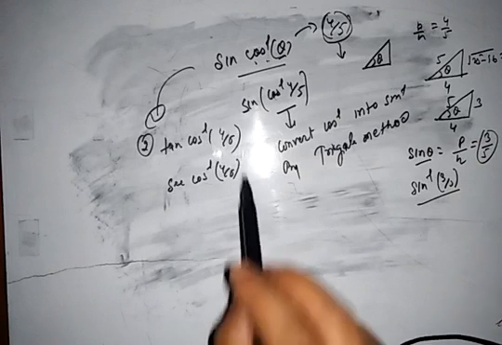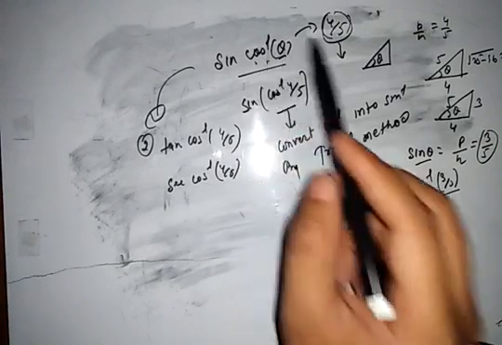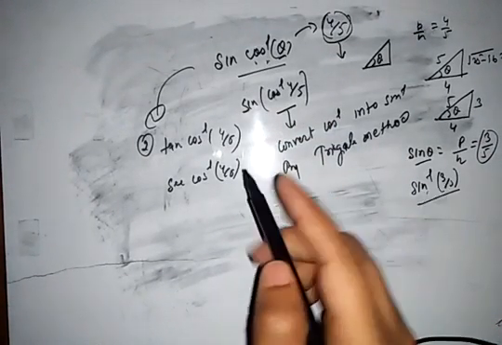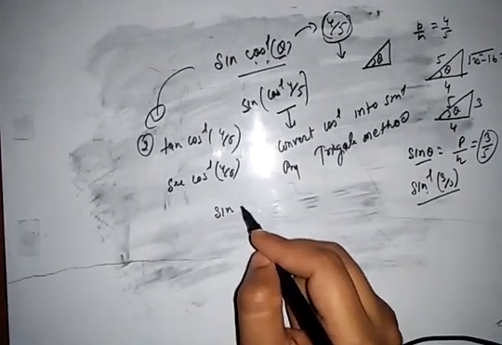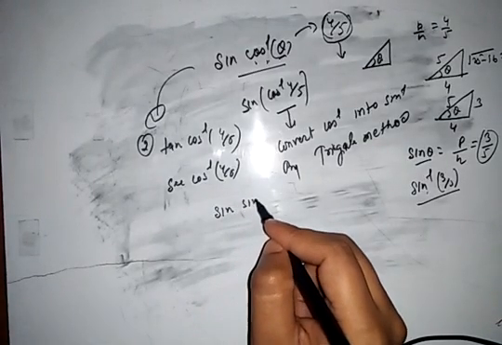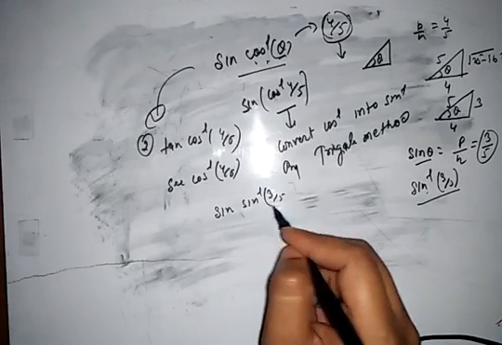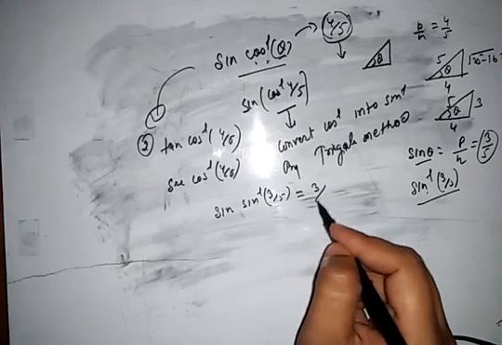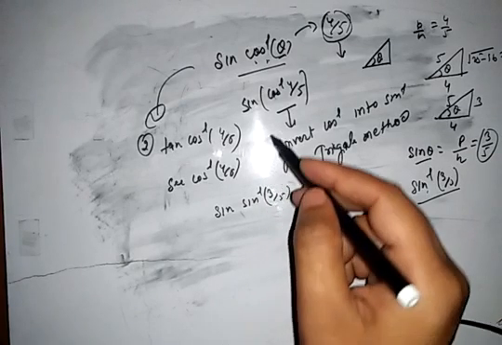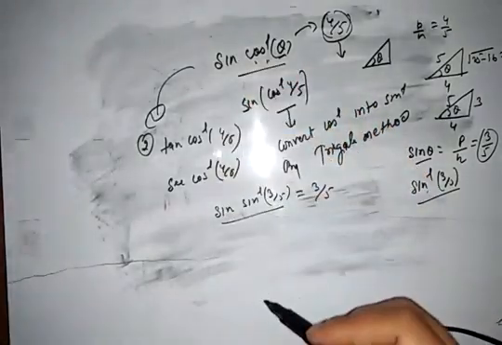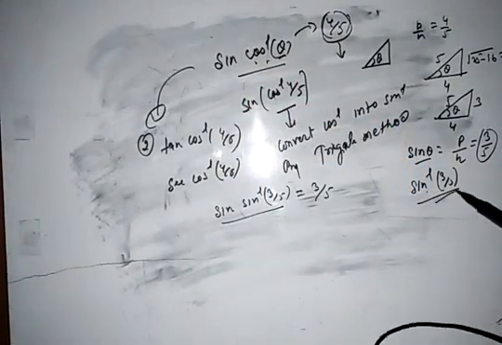So we can substitute cos inverse as sin inverse. If you put this value, you will get sin of sin inverse 3 by 5, which is nothing but 3 by 5. So no need to do such a lengthy calculation. If you get 3 by 5 directly, you can say the answer is 3 by 5.